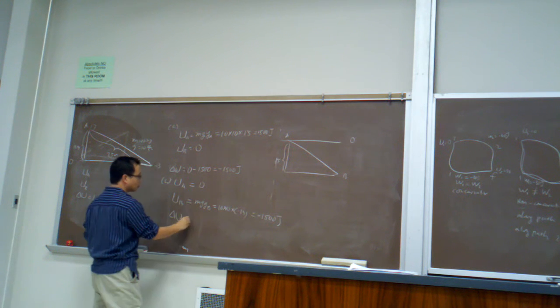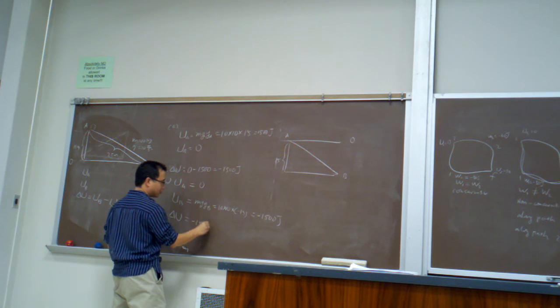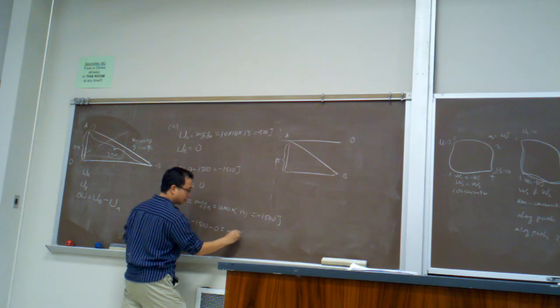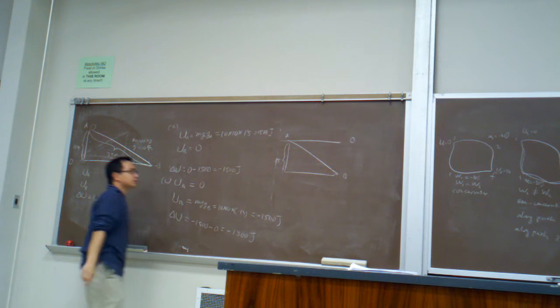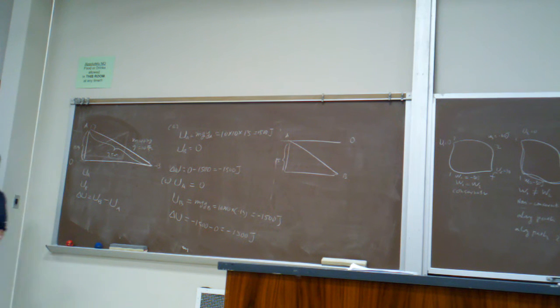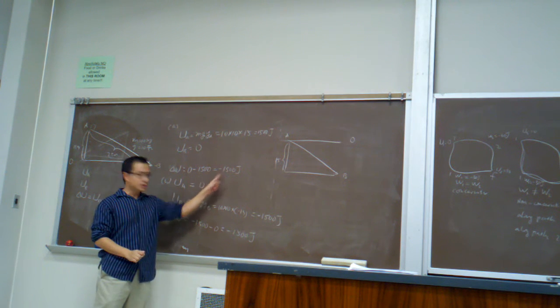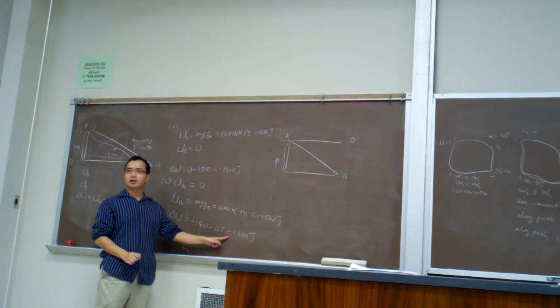And then delta U will be UB minus UA. So negative 1500 minus 0, still negative 1500. Okay. So if you compare the answers for part A and part B, you can see the delta U calculated here is the same as the delta U calculated here.